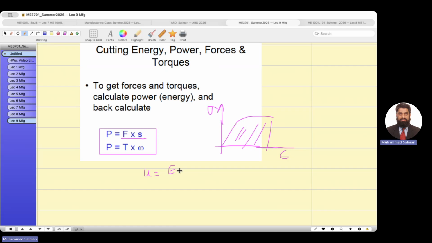We call this U, energy per unit volume. How much energy is required to remove that much volume of chip is U.